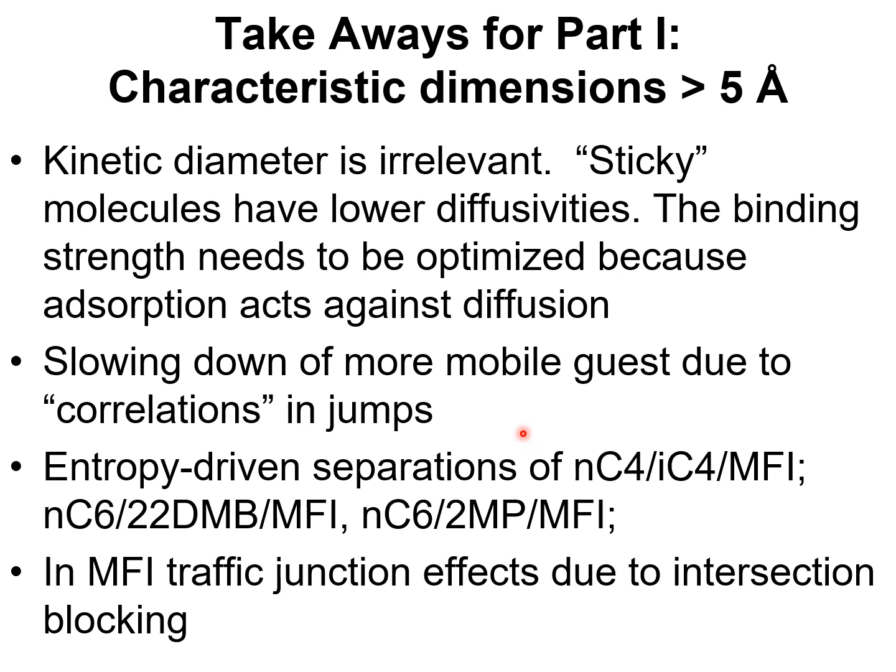In this presentation, I have made a distinction between two classes of materials. Firstly, we have cage window structures in which the window dimensions are less than 4.2 angstrom. In this case, an important parameter that dictates the permeation properties is the minimum dimension of the pore of the window opening.